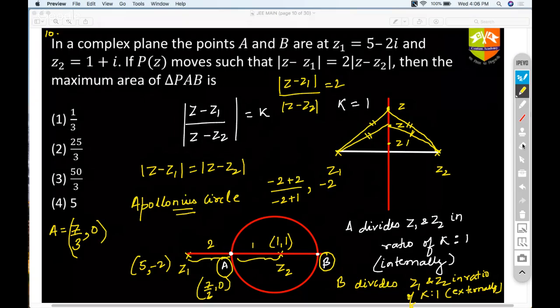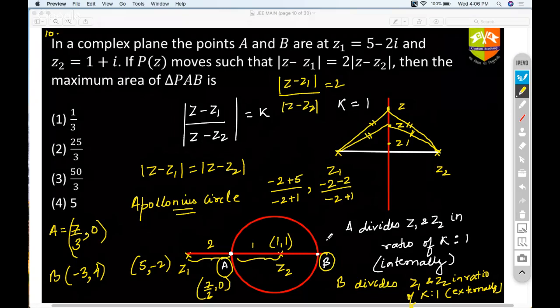There would be a 5 over there. By mistake, I wrote a 2. I'm sorry, that's a 5. And we'll have a -2 into -2 by -2 plus 1. Right? So if I am not wrong, the B coordinates is going to be -3 comma 4. Is that fine?